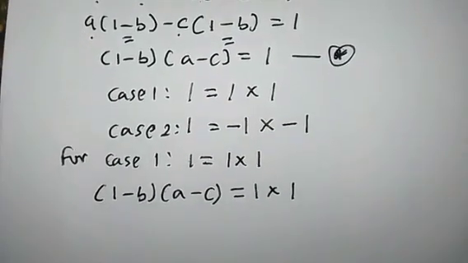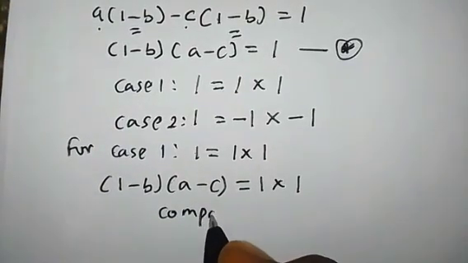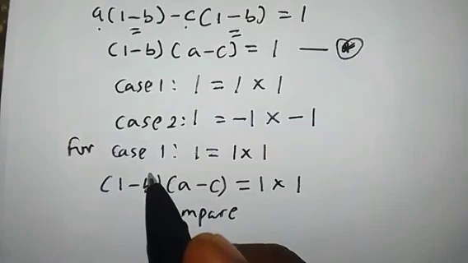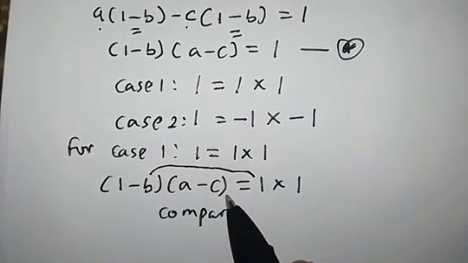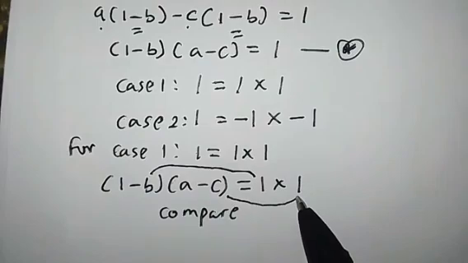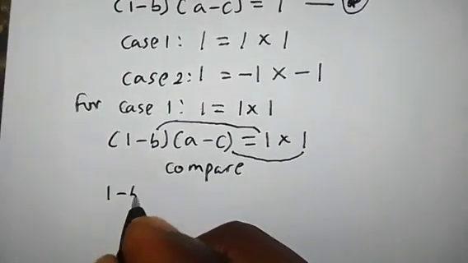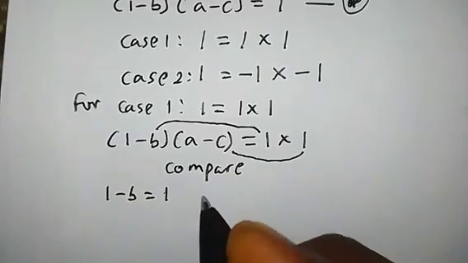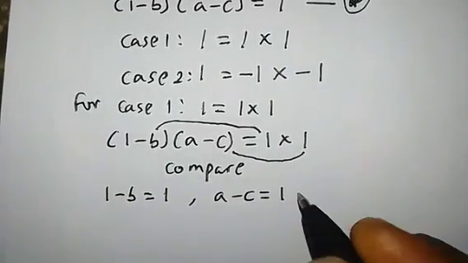At this stage, let us compare. 1 minus B is equal to 1, and A minus C is equal to 1.